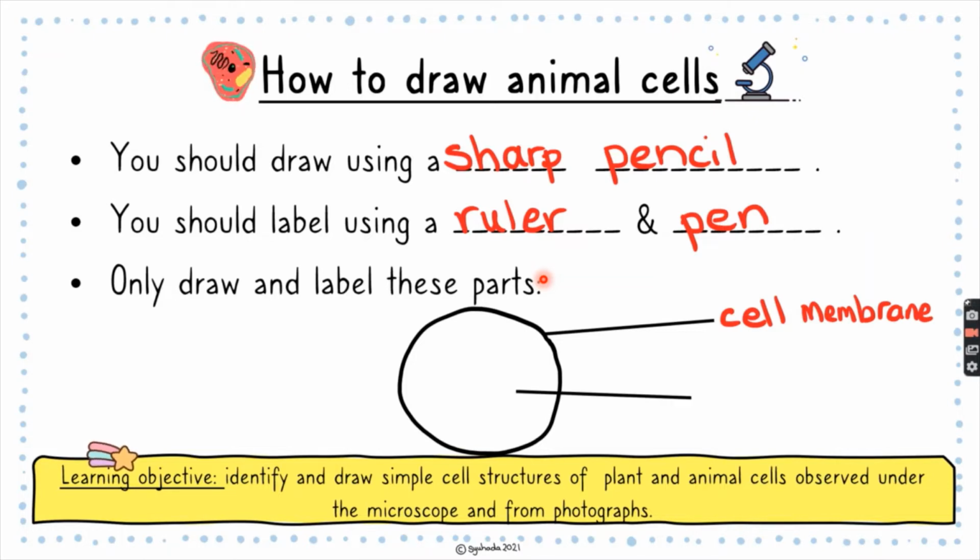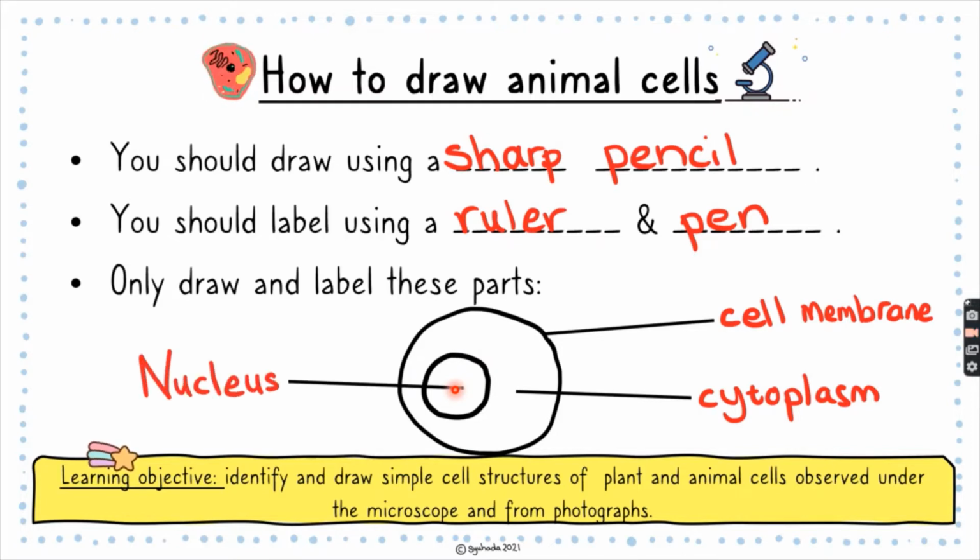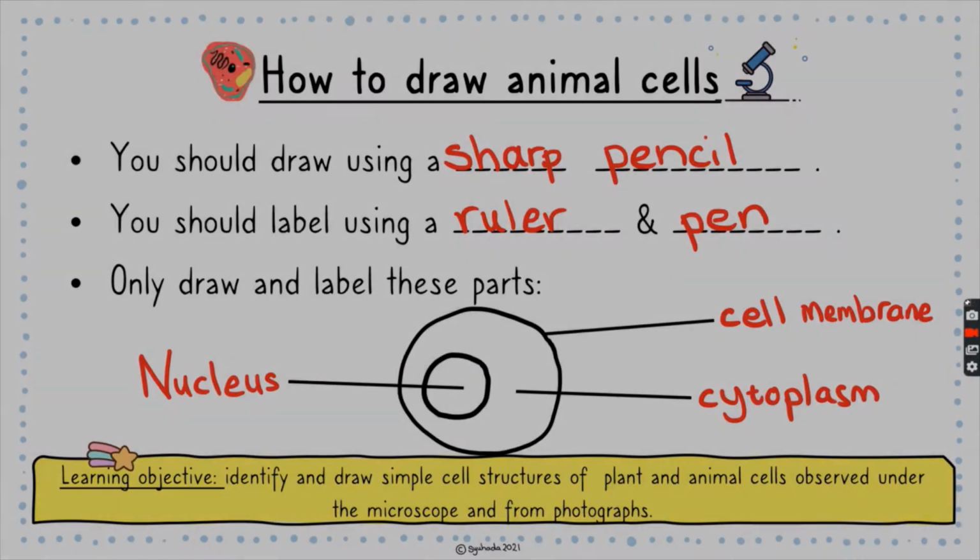After that, you label the inside part that is within this line of circle, and this inside area right here is what you call the cytoplasm. And then after that, you draw another circle inside that circle, and this part right here is what we call the nucleus, and that is all the parts of the animal cells that you guys just need to remember.